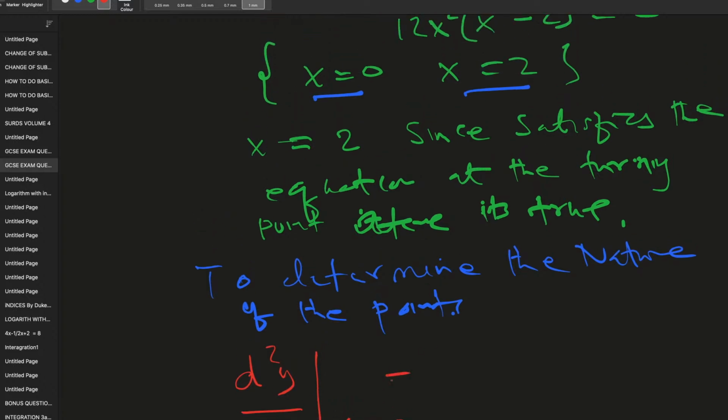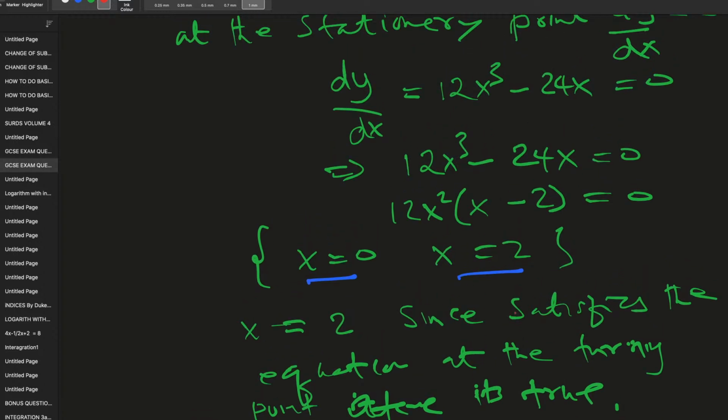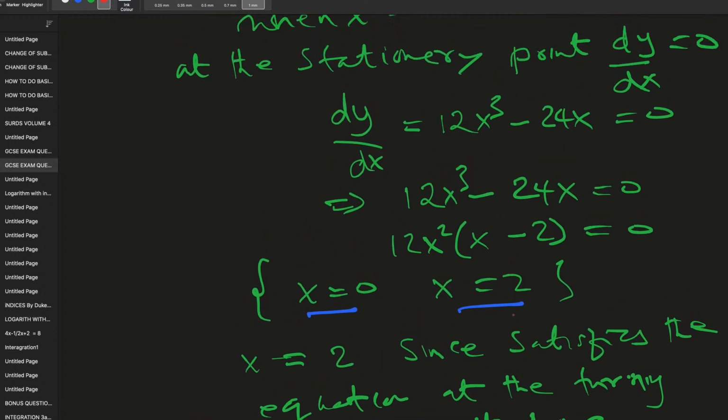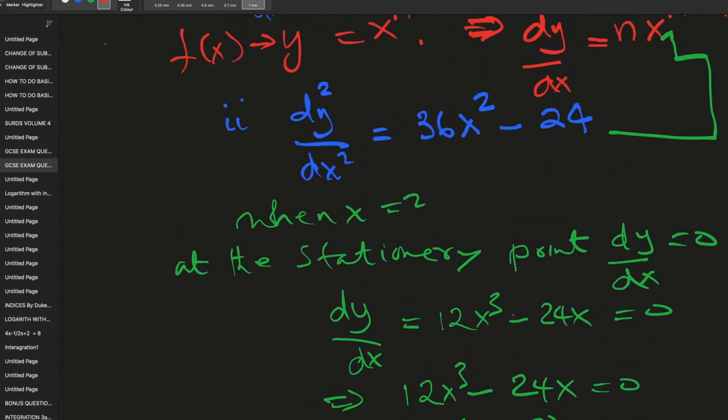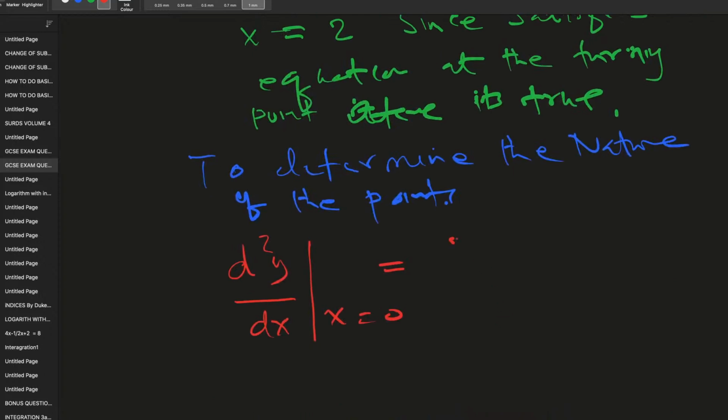Okay, what do we get? What is the second derivative? We have 36 s squared minus 24. So substitute these values in here. Then we'll have 36 times 0 minus 24.